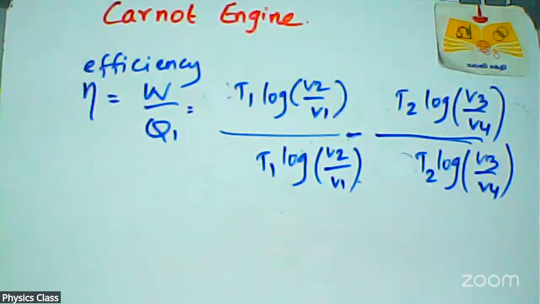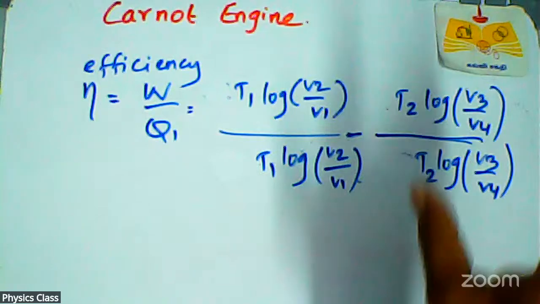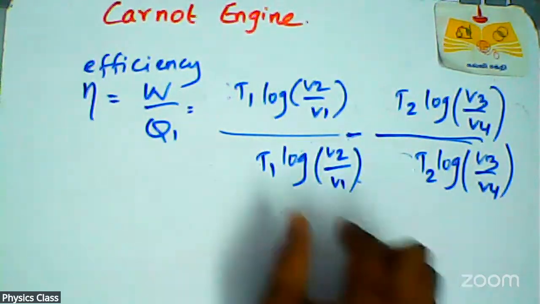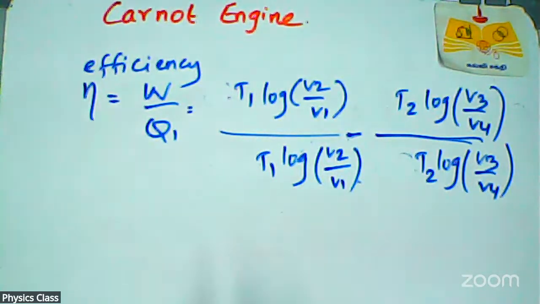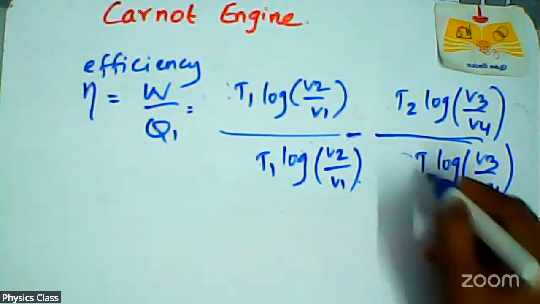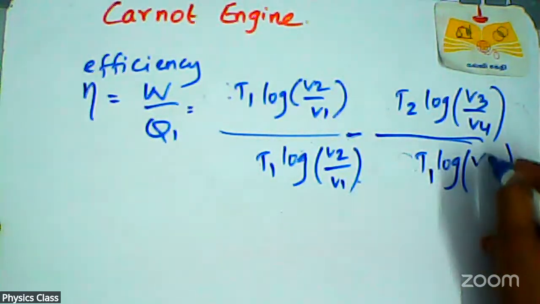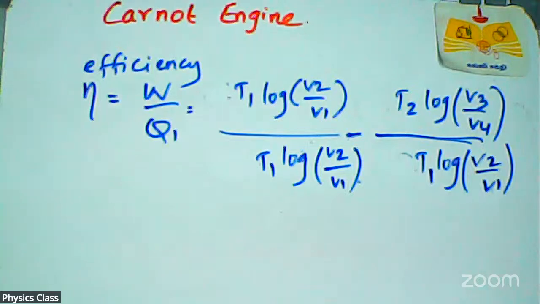T1 logarithm V2 by V1 and T2 minus T2 logarithm V3 by V4, divided by T1 logarithm V2 by V1. So here also T1 logarithm V2 by V1.